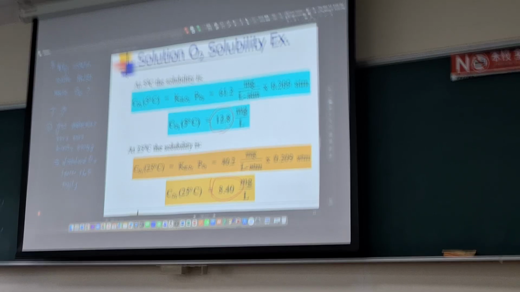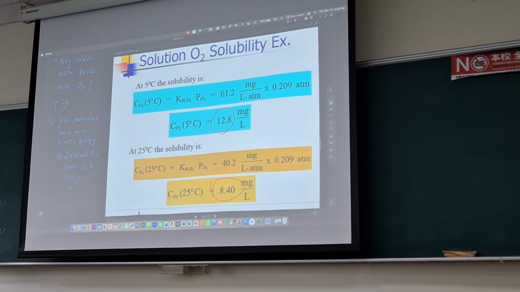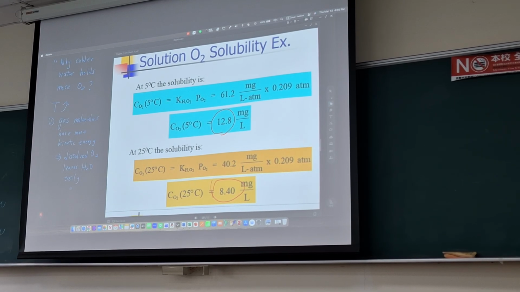As temperature increases, the gas molecules have more kinetic energy. Are we on the same page? You might know this: kinetic energy equals 3/2 RT, so kinetic energy is proportional to temperature. You might have learned this in general chemistry, right?